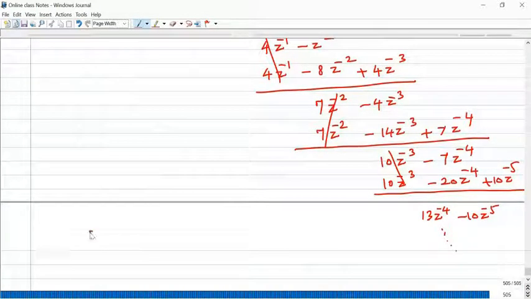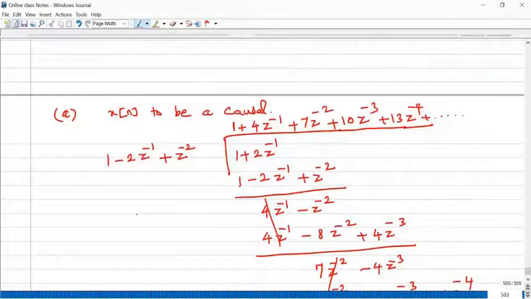Now your answer is x of n equal to 1, comma 4, comma 7, comma 10, comma 13, and so on.